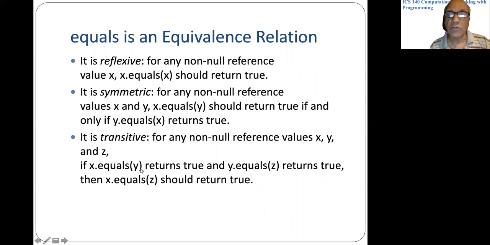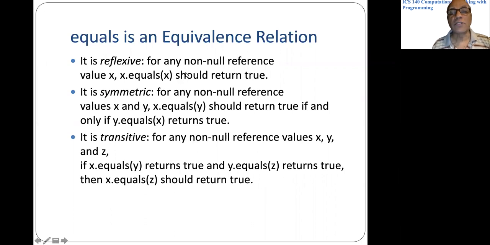And if x.equals(y) is true and y.equals(z) is true, then x.equals(z) should return true. This is the transitivity rule. This is the property of symmetry. And this property is called reflexive.